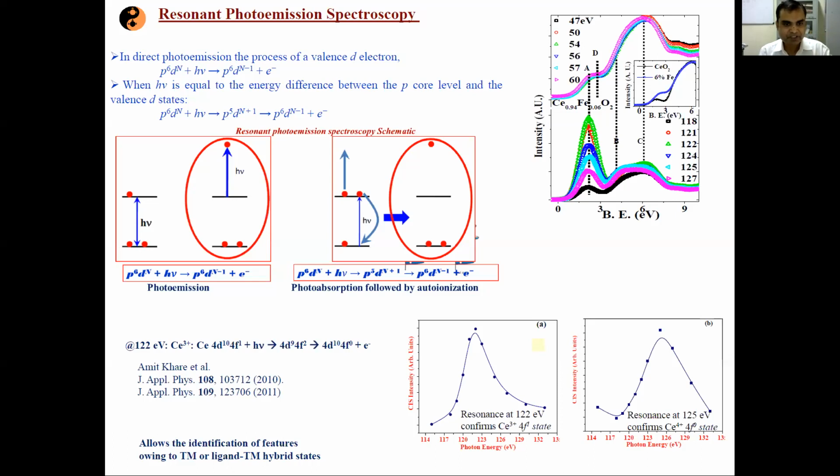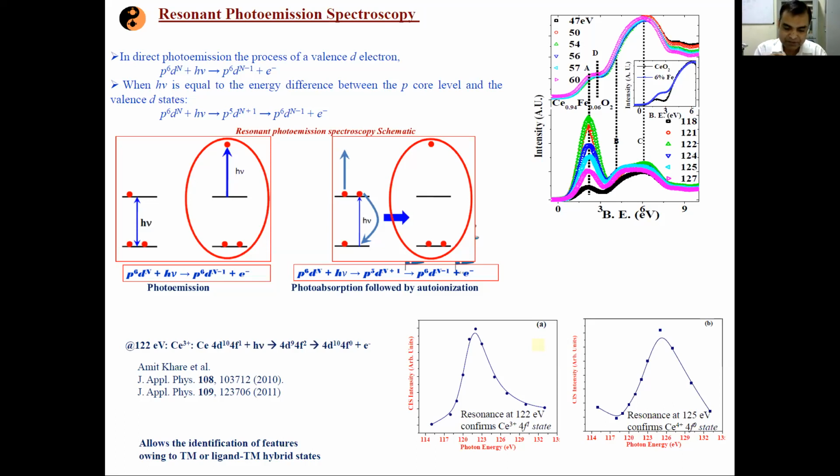Now remember, for different transition metal elements present in different states, the energy difference between 3p and 3d is different. So in a valence band spectrum, where so far we could not attribute the origin of different features, if any feature is attributed to the transition metal element, we can identify what kind of transition metal element is present in the system, or which transition metal element is contributing to that particular feature.